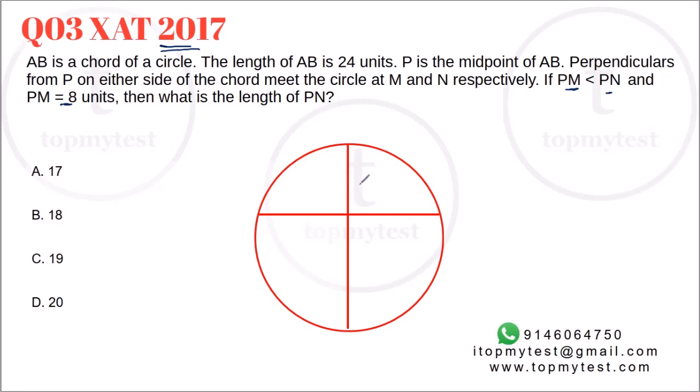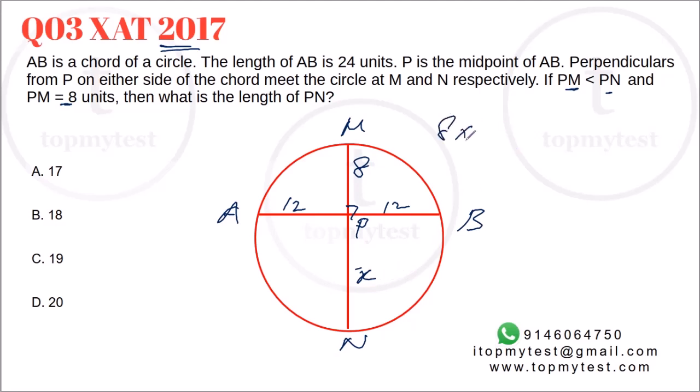Okay, so the length AB is 24 units. Since it is perpendicular, it will split it into two equal parts. Right, and you have P. So PM is less than PN. If this is equal to 8 and this will be equal to x, you need to find the value of x.